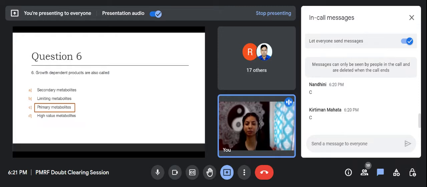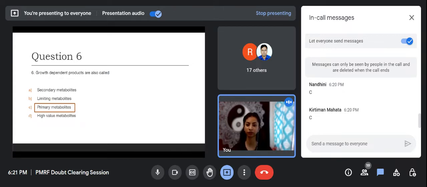So primary metabolites are metabolites that are required by the cell to stay alive. So things like enzymes of the glycolysis pathway will be primary metabolites. Secondary metabolites will be substances which are produced in specific cases. Like if the cell is under certain stress, then it produces a secondary metabolite which will help overcome it.